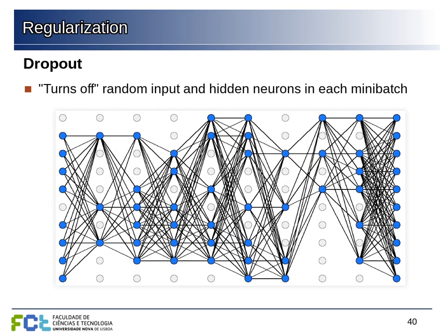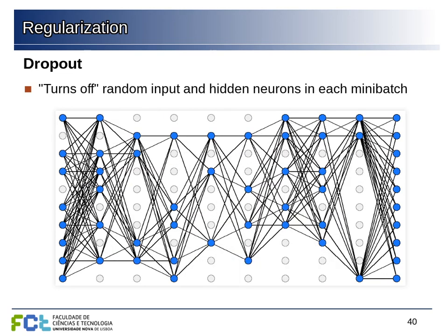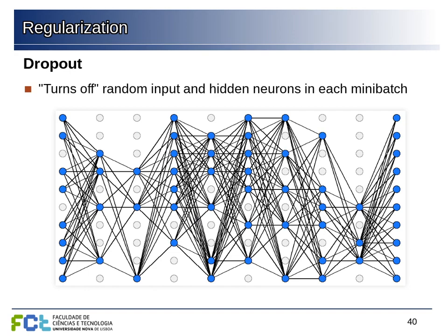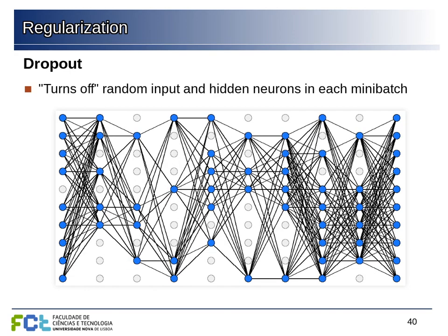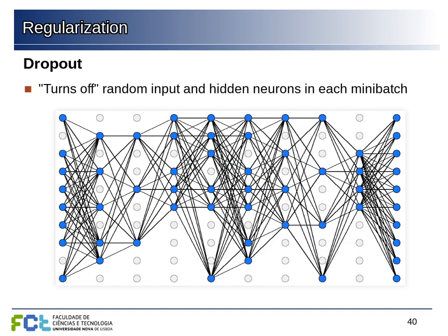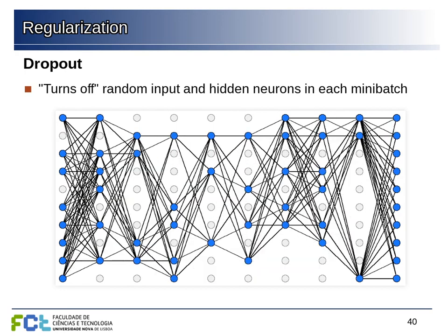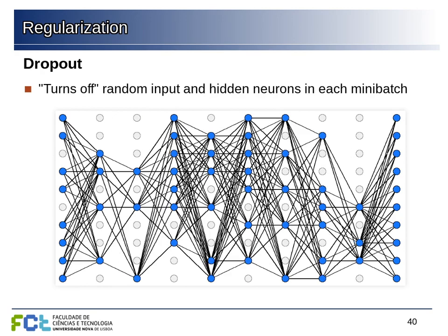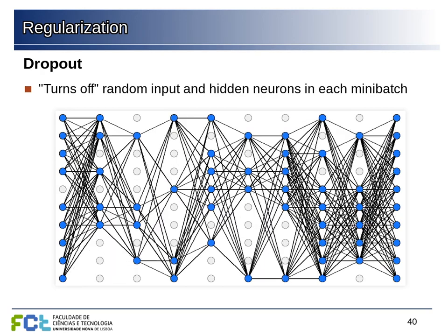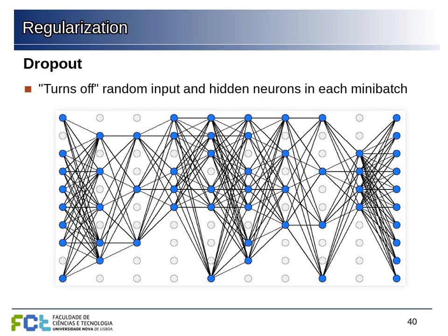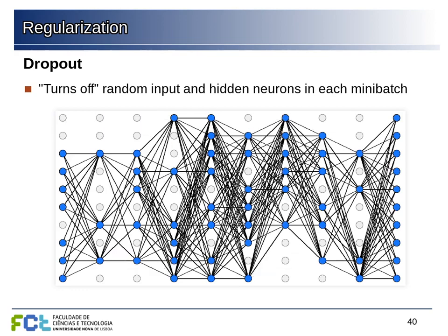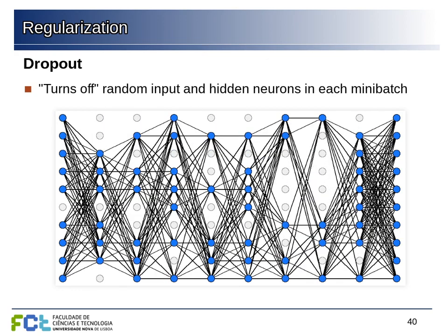And so for each mini batch, we are implicitly training a different network, because we are turning off some neurons, so only this part or that part of the network is being used. And this effectively is training our network as if it was a family of networks given by all the many millions of combinations of neurons that can be turned on or off at each mini batch.